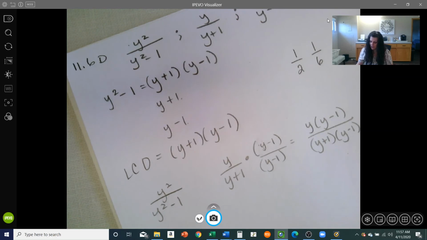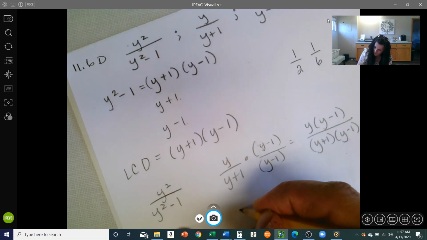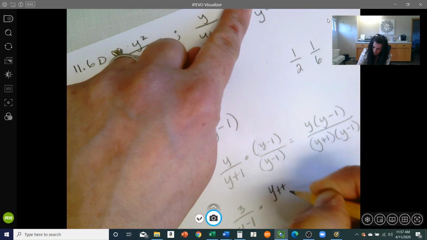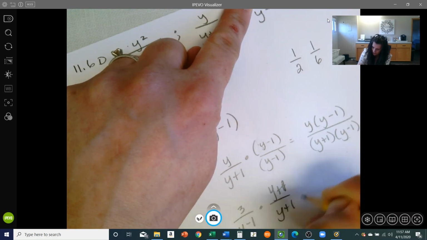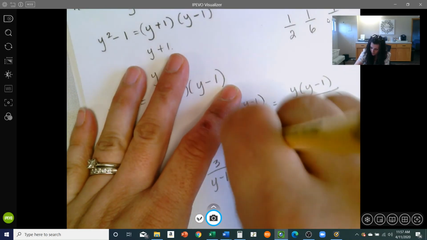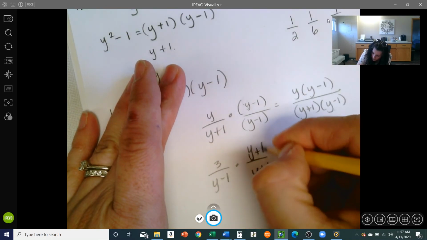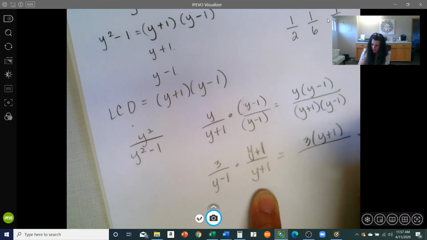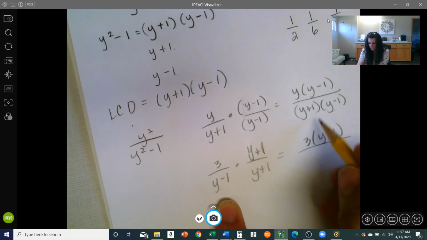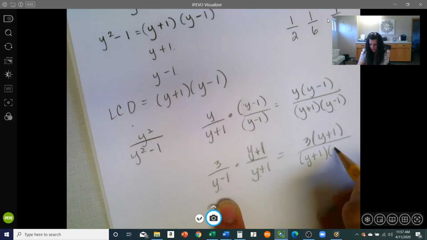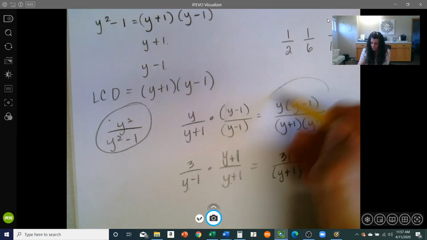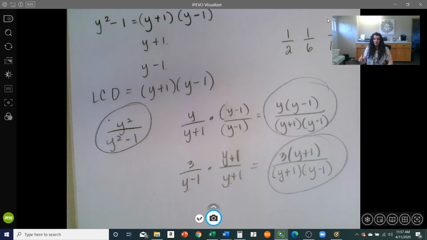And to get the same denominator for the last one, 3 over y minus 1, I need to multiply by y plus 1 over y plus 1. So now I have 3 times y plus 1. And to make them look the same, I'm going to move these around. Y plus 1 times y minus 1. Because I can multiply in any order I want. So now my 3 fractions, my 3 rational expressions, all have the same denominator.